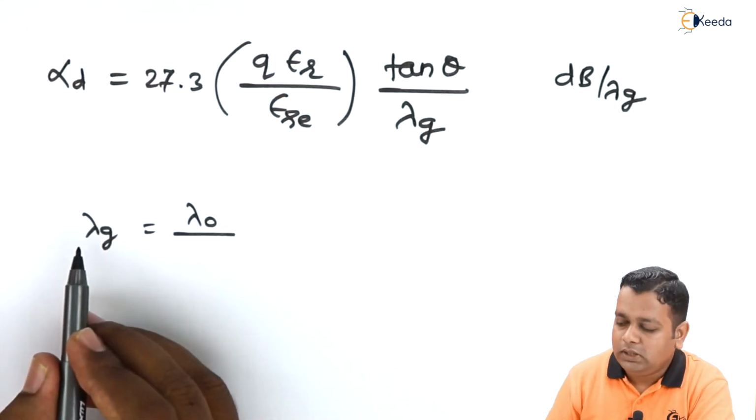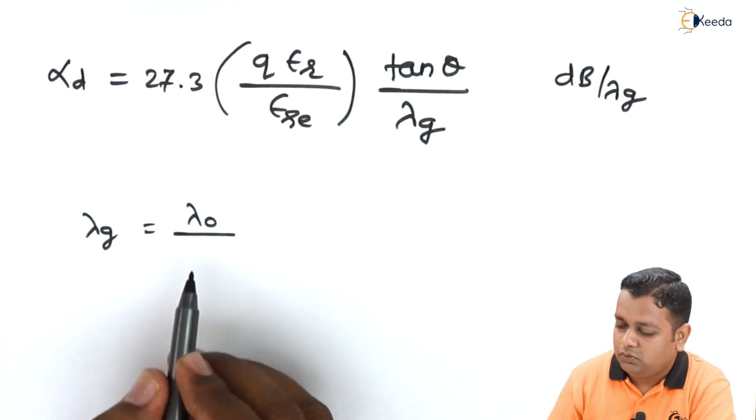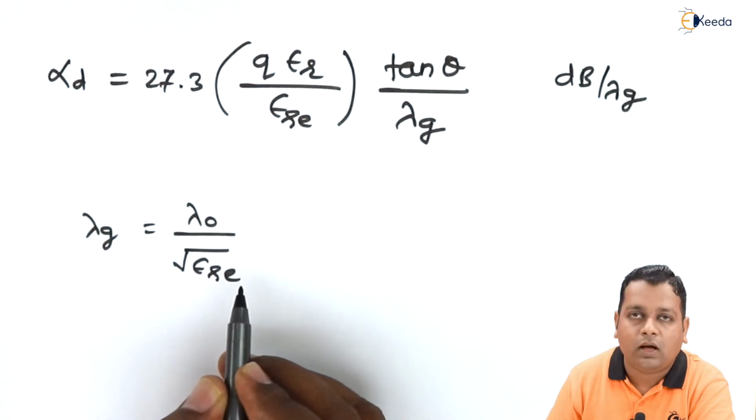So lambda suffix g is the guide wavelength, and it has the relation with that of lambda 0 by dividing it by square root of epsilon suffix Re here.